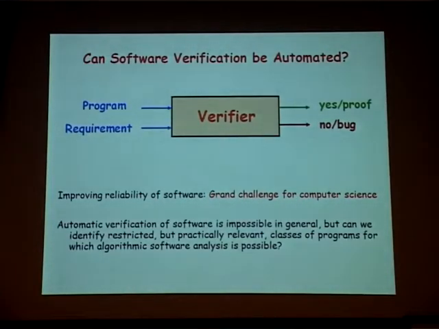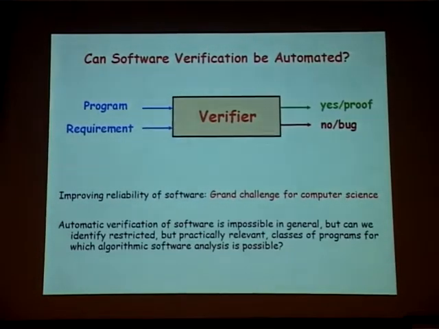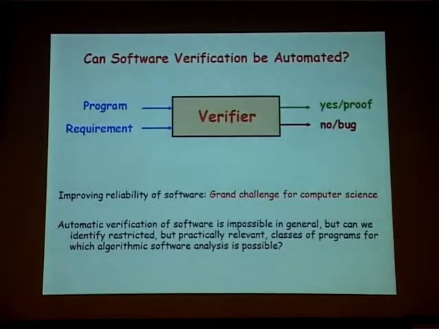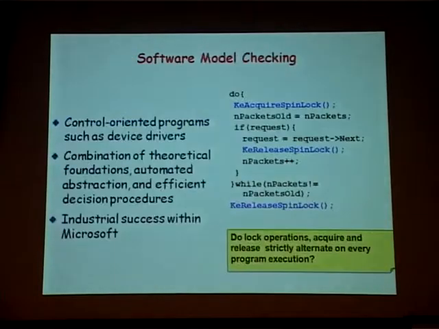Now, anyone who has done a first course in theory of computation knows that the halting problem for Turing machines is undecidable. Finding bugs in a program or verifying that a program meets its specification is just an instance of the halting problem, and this is an undecidable problem. But over the past decade, people have made dramatic progress on this problem.